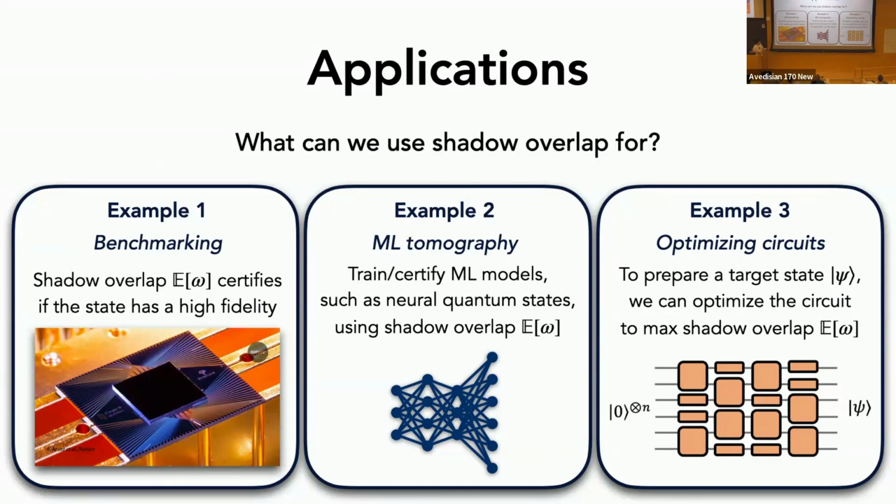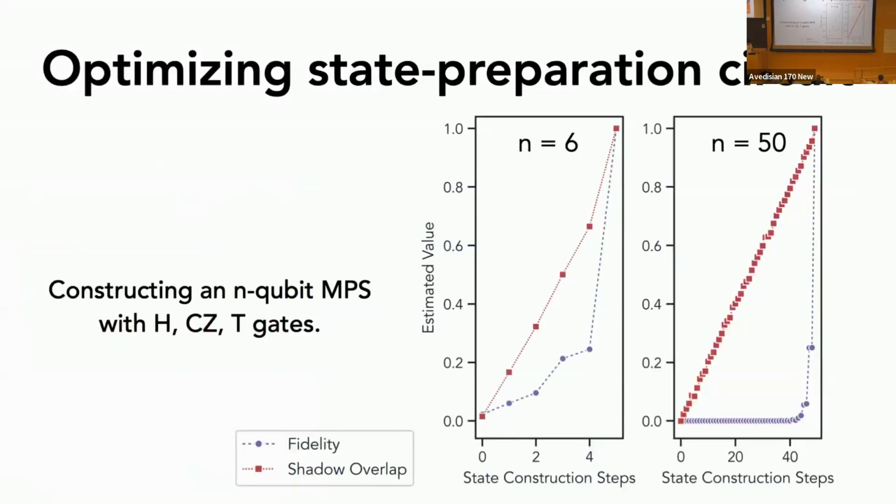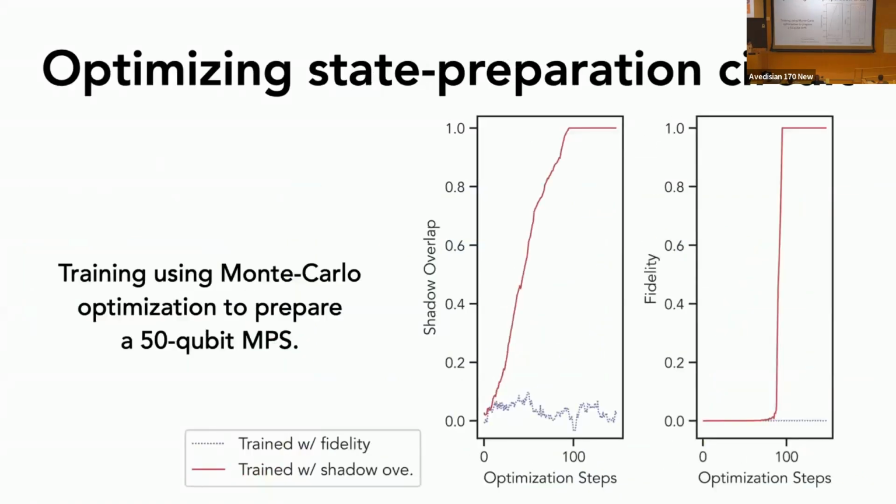We can utilize some measure, like fidelity, or here this shadow overlap quantity, and maximize it between the state generated in the experimental lab and the one that we actually want. If it's close to 1, then we know we succeeded. So that's another application where we can use shadow overlap. And here are some numerical experiments from our paper.